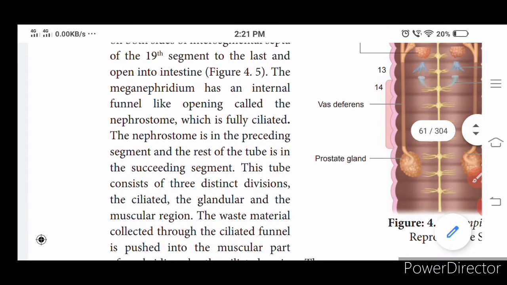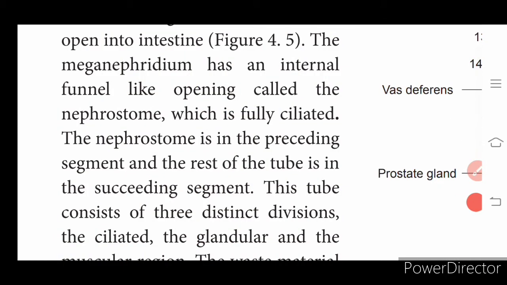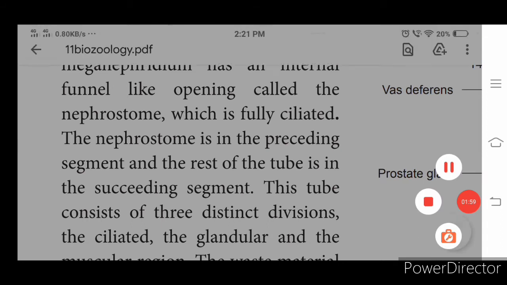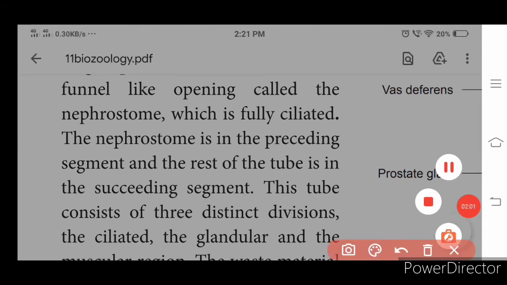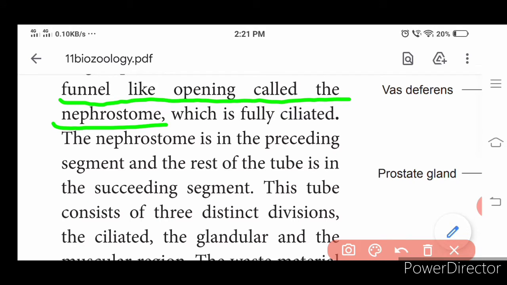The meganephridium has an internal funnel-like opening called the nephrostome, and it is fully ciliated.